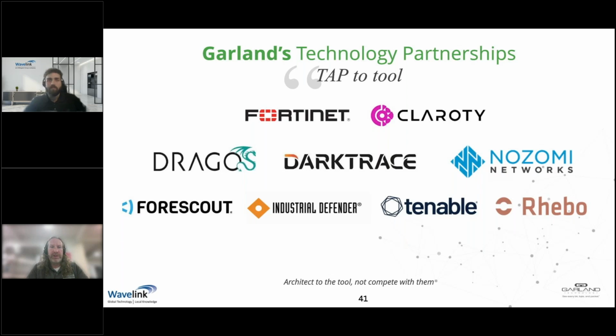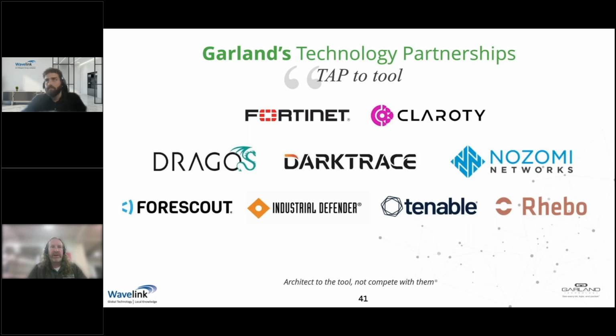We're very focused, and when you look at Garland, our tagline is see every bit, byte and packet. And I always like to say that we do a tap to tool architecture. So what we truly do, when we're working with a customer or partner, is we look at what security monitoring tools they're looking to deploy within their network.